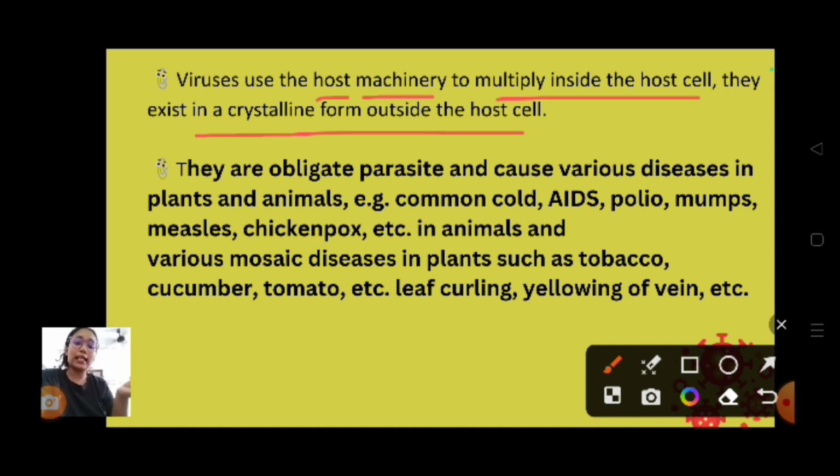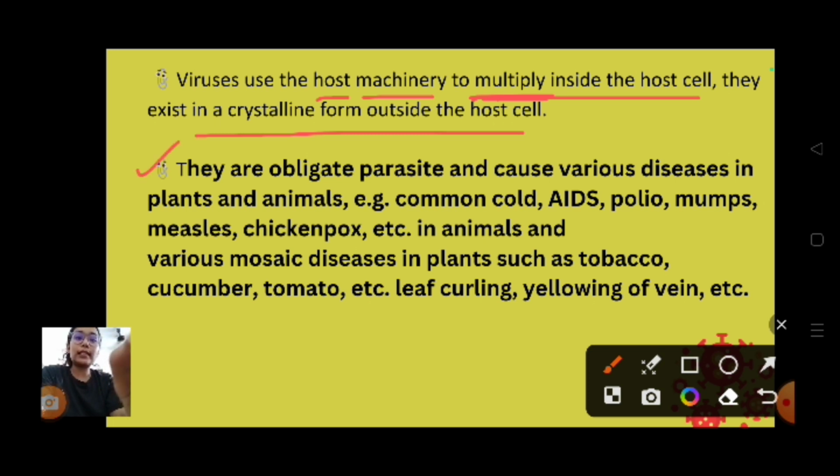When they get inside a host body, they get activated and start multiplying.